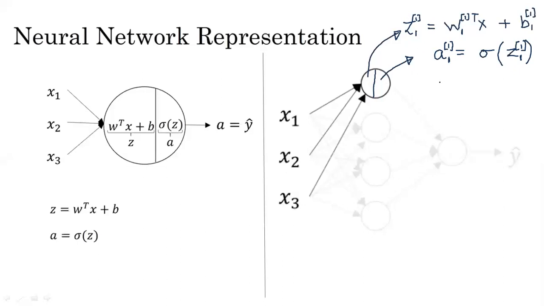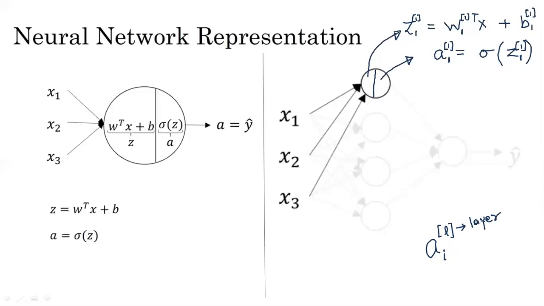Suppose you want to write a basic notation for the value of z and a. I'll teach you a basic notation. Suppose that we have a here, and I write some value square bracket l here, and here I write the value i. What this square bracket l tells us is the layer on which we are working.